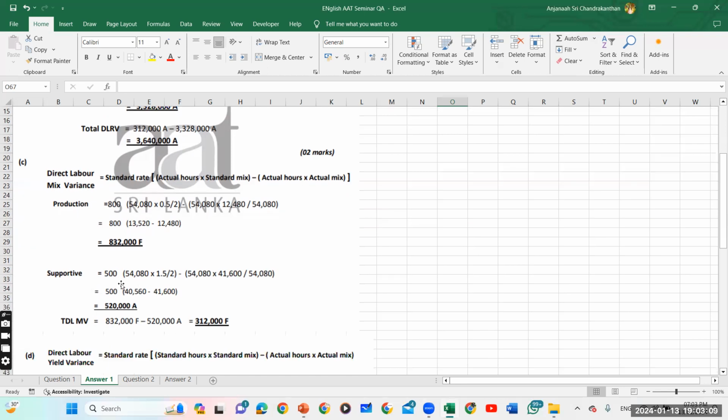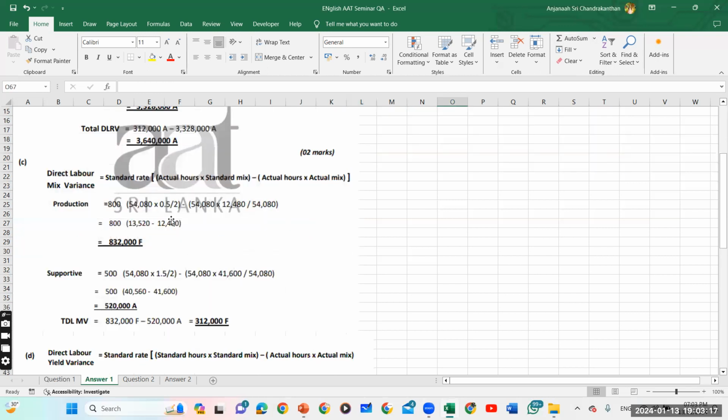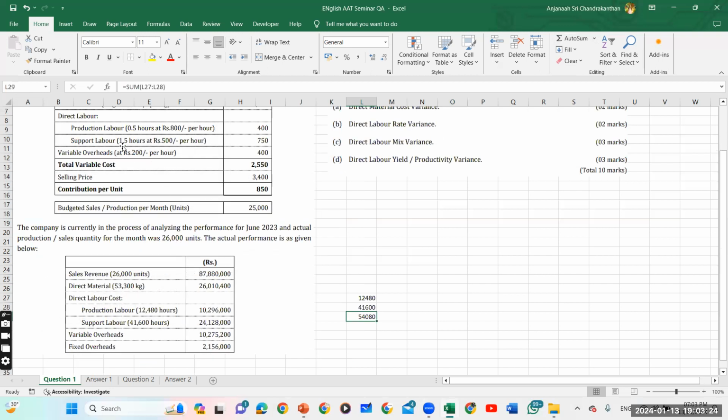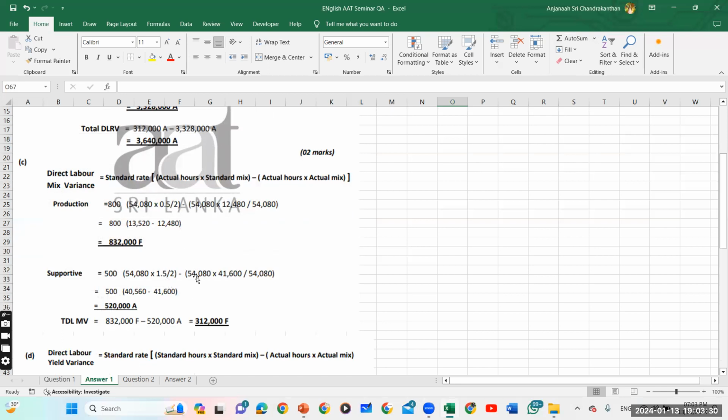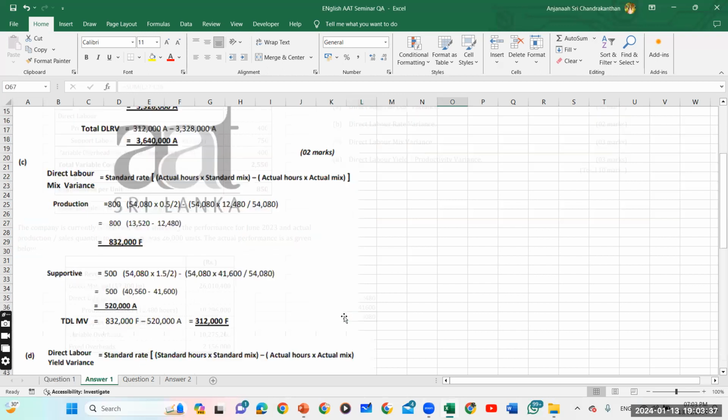Same way for supportive staff, you take 500, the standard rate, multiplied by the actual total usage multiplied by the standard mix, 1.5 over 2, minus actual usage into actual mix, which is 41,600 out of 54,080. Then you take the variance. Same way, you have to add those two and show. Don't stop here.